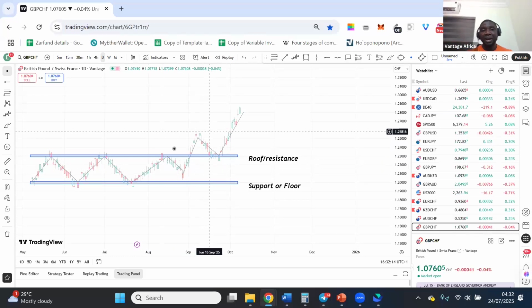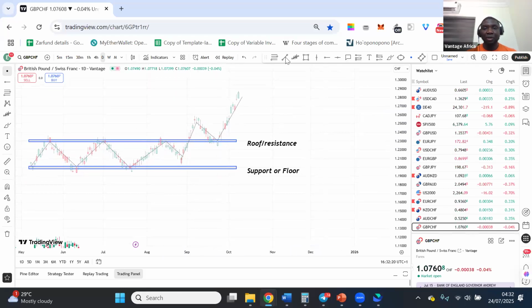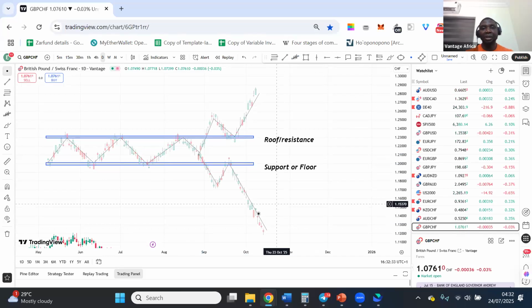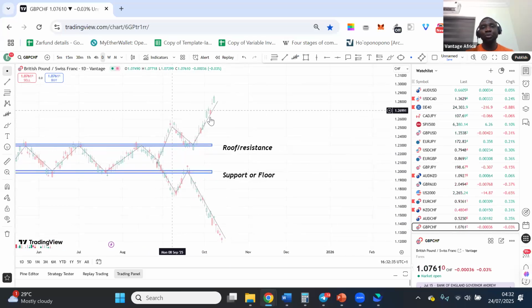So market price will break out of the range either to the top or to the bottom. It can break out like this, or like this. So it's either breaking out to the upside or breaking down to the downside.